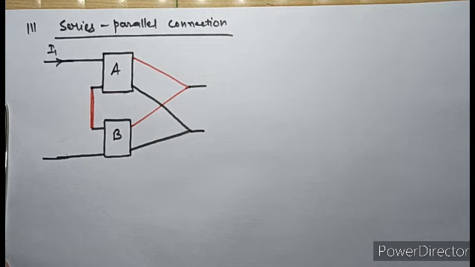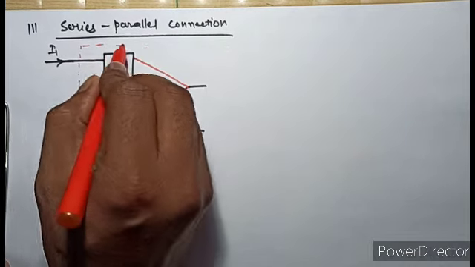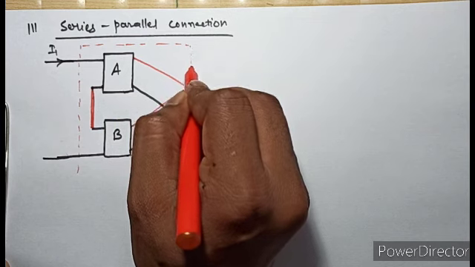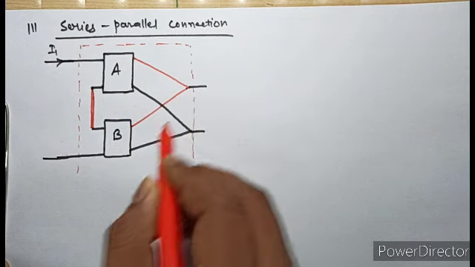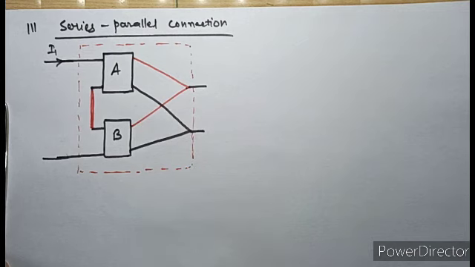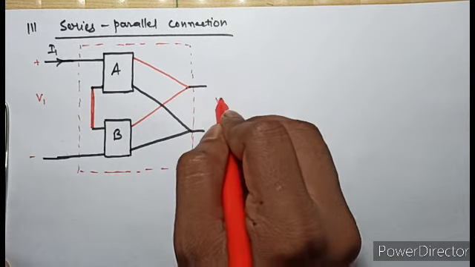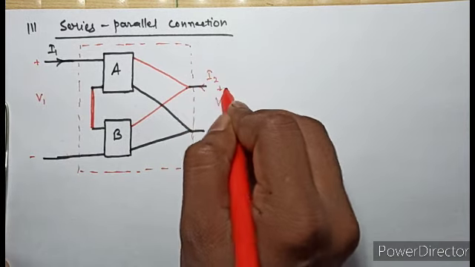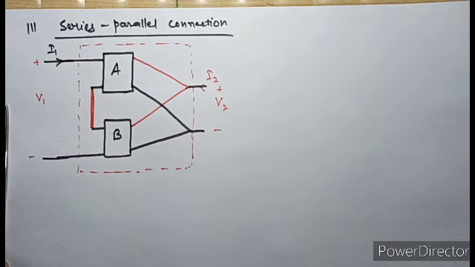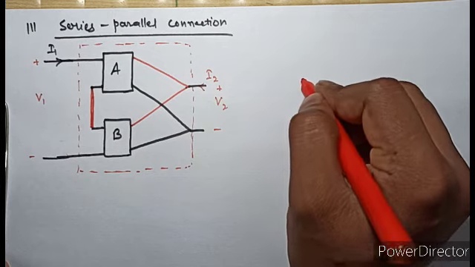Okay, so this is the configuration of series parallel connection, and this is our resultant two port network. And in this type of configuration, let us say this is our V1 and this is our V2. Okay, and in this type of configuration, the individual H parameters will get added to form the resultant H parameter.